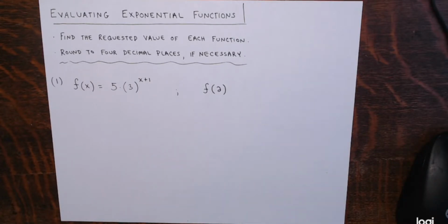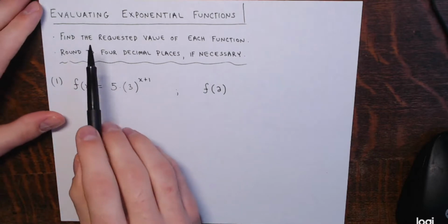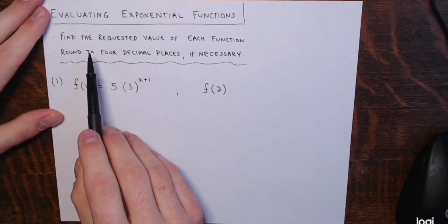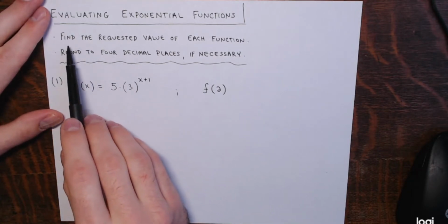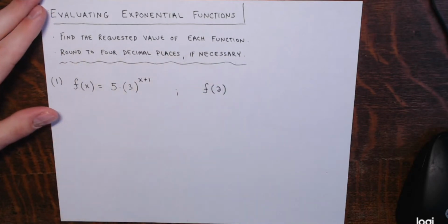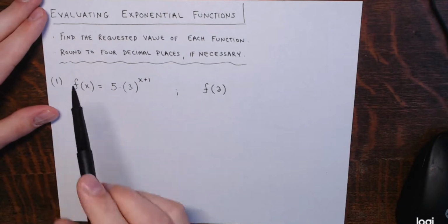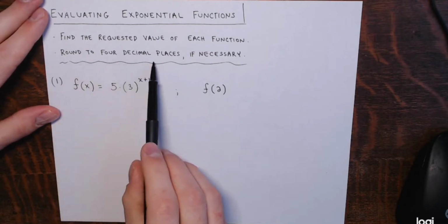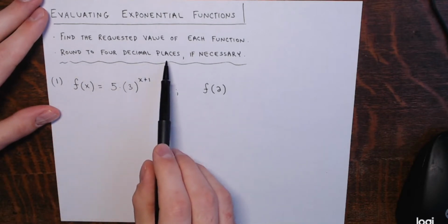Alright. So in the first examples I have for you, we're just simply asked to find the requested value of each function and round to 4 decimal places, which would be the nearest 10,000th, if necessary.